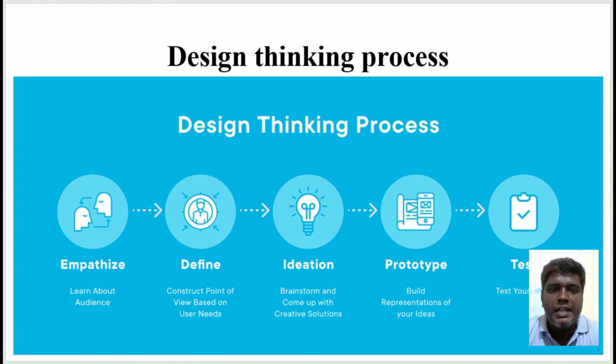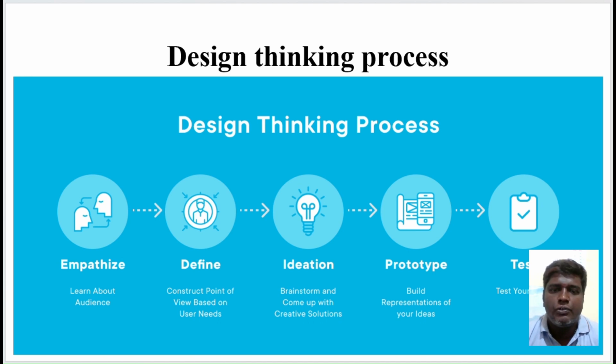When we look at ideation, brainstorming comes in. In a group, people will sit together and share their ideas, and they will filter and refine the points. Whichever is needed, only that will progress further.